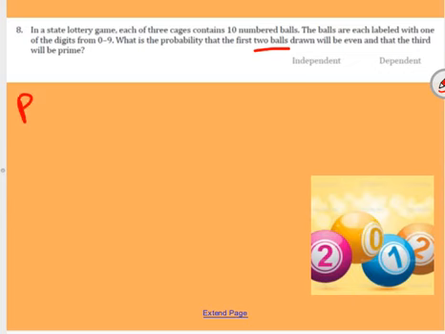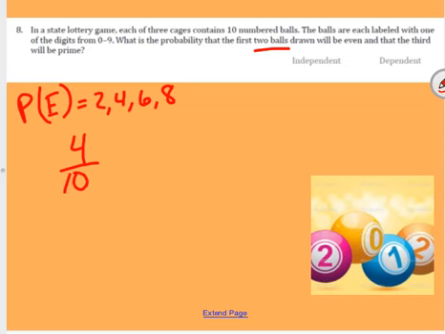Remember, the probability of even would be 2, 4, 6, 8. I don't think 0 is an even number, so I'm not going to put it. So I think the probability of the first one is 4 out of 10. Then the next ball would be 4 out of 10.